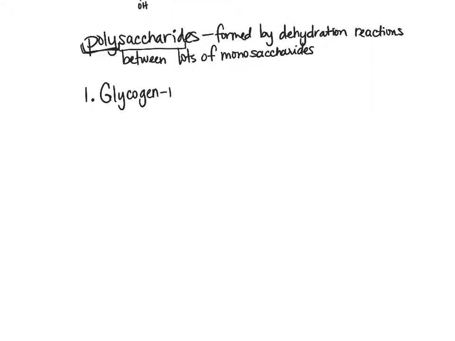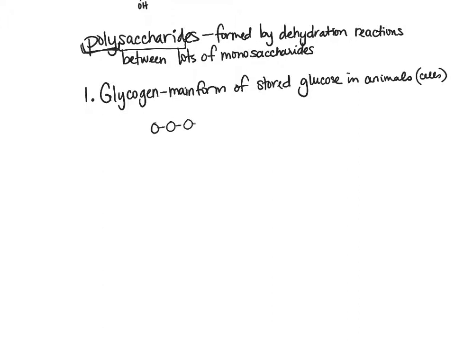Glycogen is the main form of stored glucose in animals, in animal cells. So glycogen is many monosaccharides, all attached to each other in long chains.